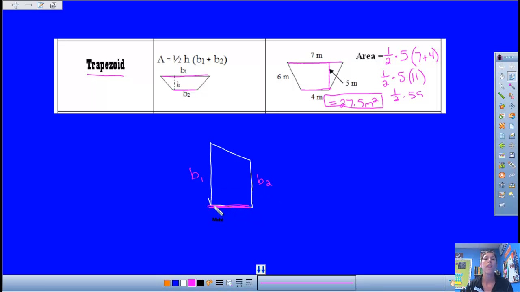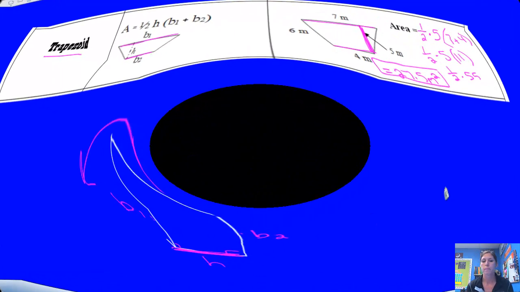This would actually be the height, because if I turn this shape over and it sat on its base, this then would be how tall it is. So sometimes they try to trick you like that. So just make sure you know that the parallel sides are the base, and then the height would be the straight up and down line that forms right angles here. So this one would be the height of this trapezoid. This side would be the height of that trapezoid.